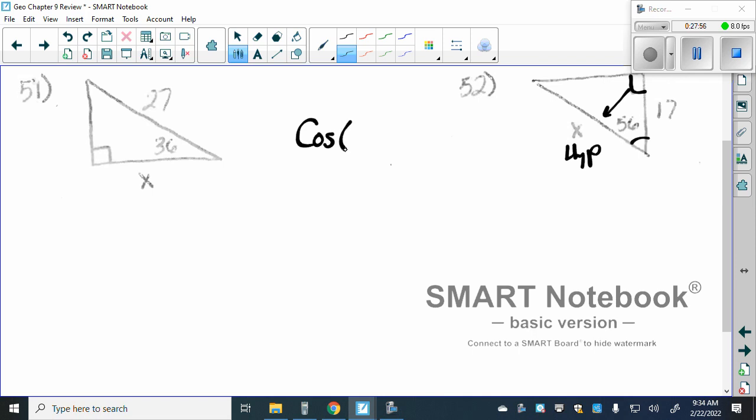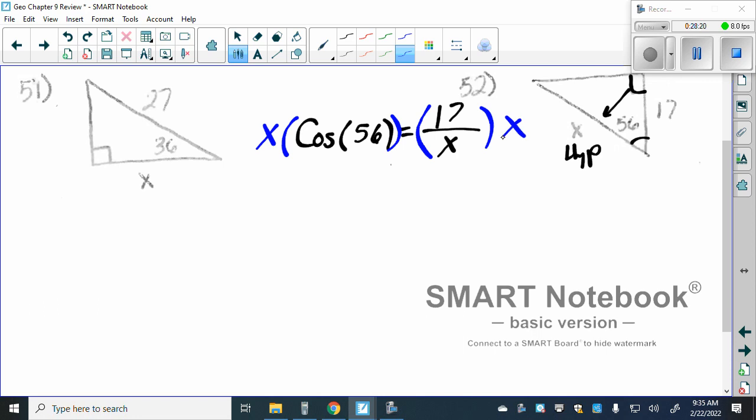So cosine of 56 degrees, the adjacent side of 17 over the hypotenuse. And again, the reason I wanted to look at this one is because unlike the last one, we're actually solving for the hypotenuse. But the overall steps that we do, at least for the start, don't change.